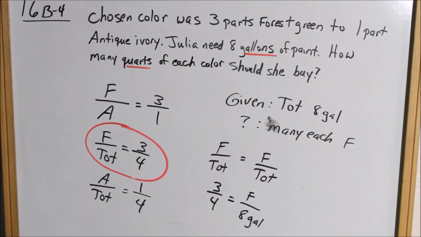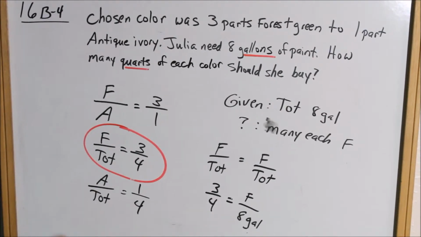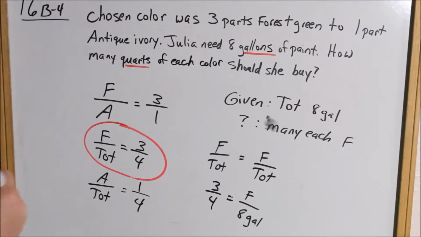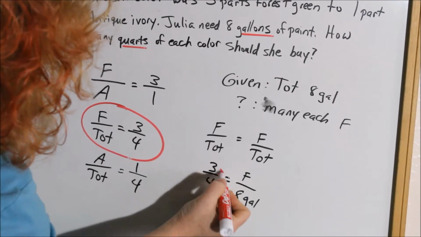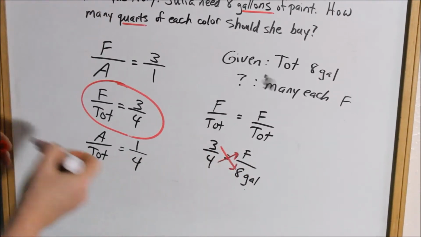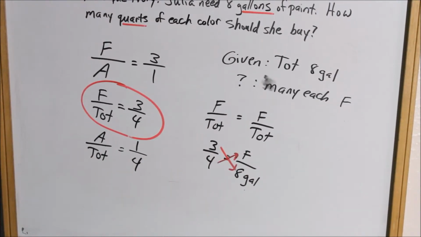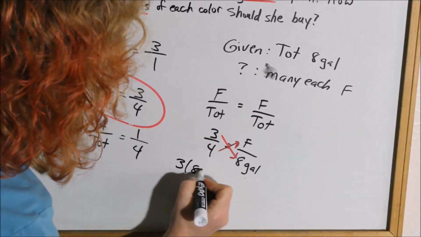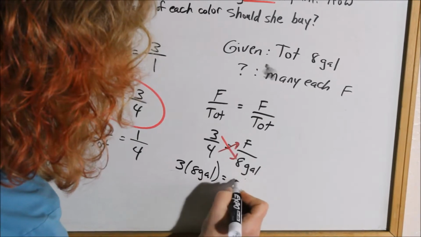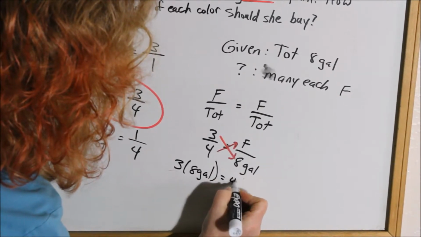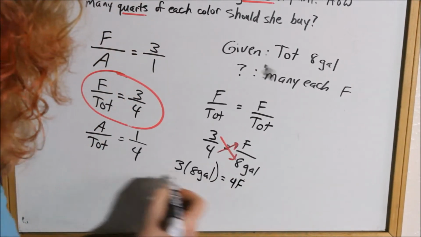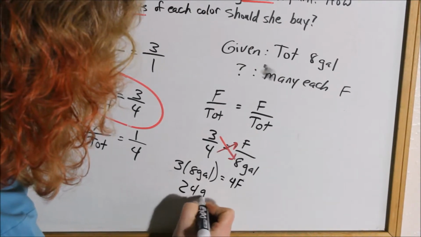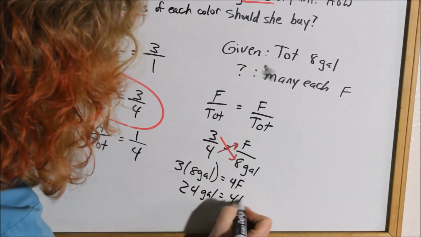Anytime you have a fraction set equal to a fraction, then you cross multiply to solve it. We're going to turn this into quarts in a minute. So to cross multiply, we're saying 3 times 8. So 3 times our 8 gallons equals 4 times F. So 24 gallons equals 4F.